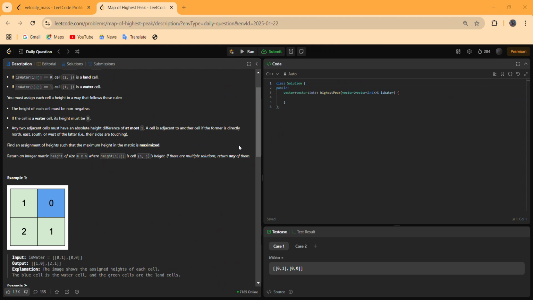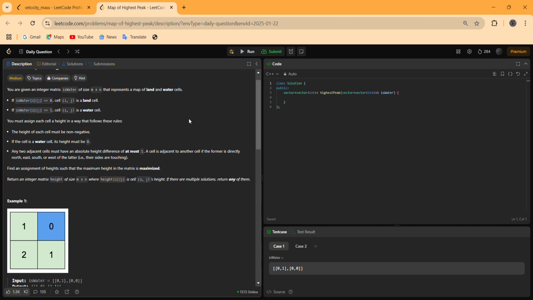Basically, this is saying that if this is the input matrix, suppose, then what is this 0? 0 is a land cell. This is a land cell, and then again a land cell, and this is a water cell. 1 means water. Then in the answer, this 1 and this 1 are always 0.